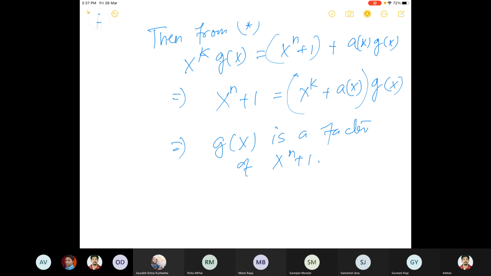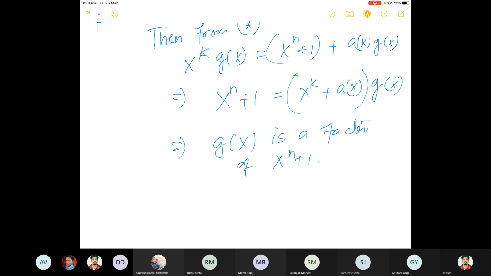So how to choose this g(x) then? You have to choose a polynomial of degree n minus k whose constant term is 1 and which has to be a factor of x to the power n plus 1. Then it will generate an (n, k) cyclic code. Right?